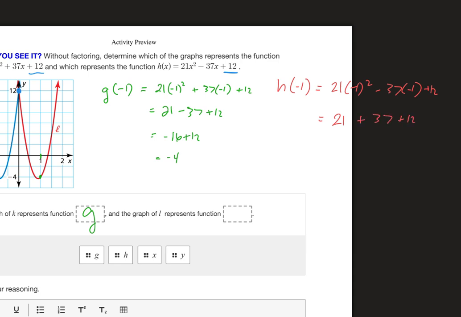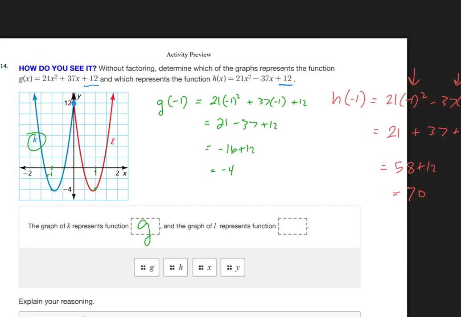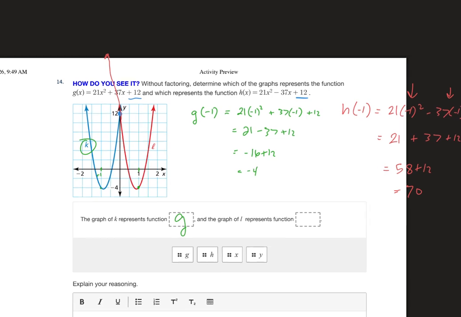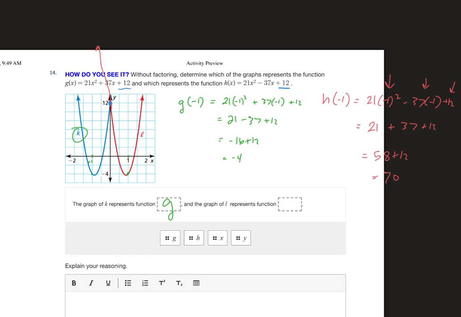Because we get 21 here, we get plus 37 plus 12. 21 plus 37 is 58, plus 12 is 70. So, at -1, does it make sense that this thing would be way up there at positive 70? It definitely does.